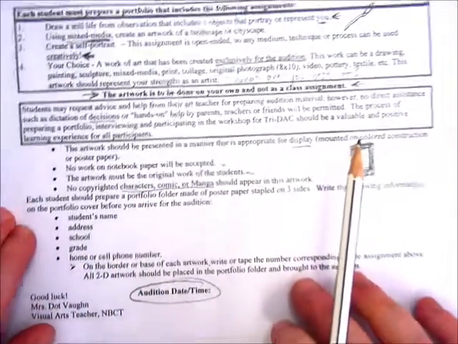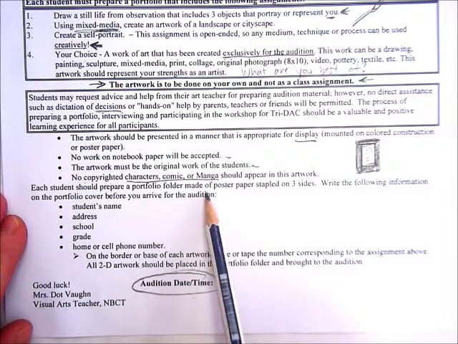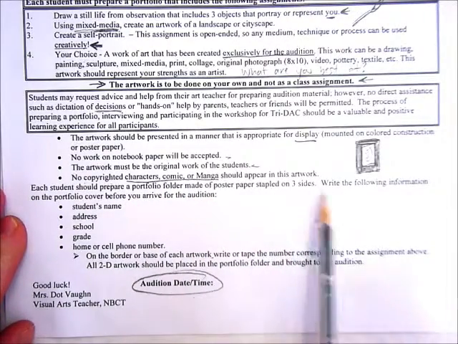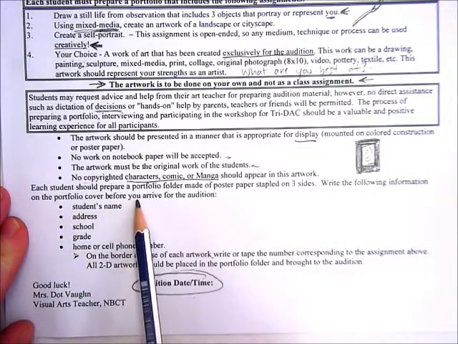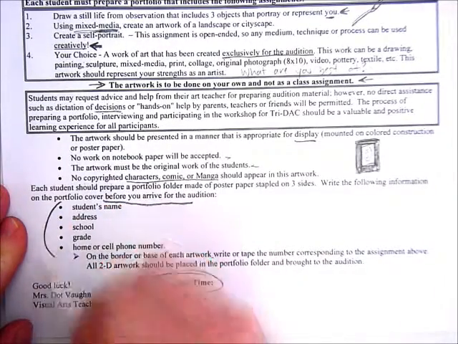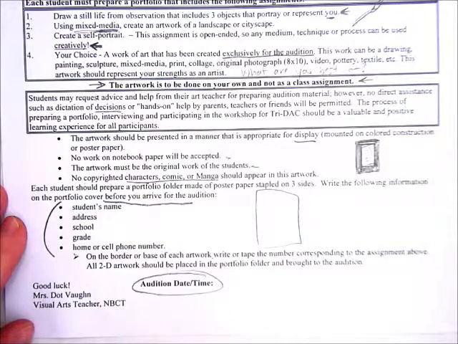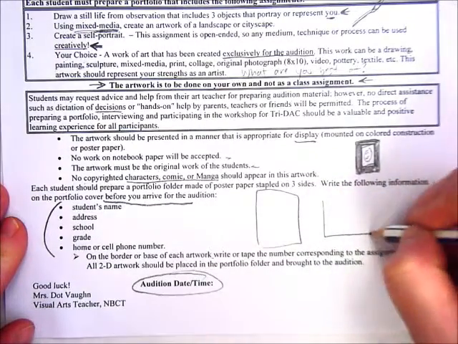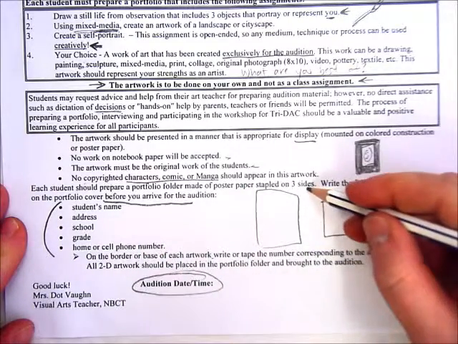And here's where it talks about your folder. Each student should prepare a portfolio folder made of poster paper stapled on 3 sides. Write the following information on the portfolio cover before you arrive at the audition. So guys, that just means you take a big poster board, the ones you can buy, I think you can even get them at the grocery store, fold it in half, okay? It's paper stapled on 3 sides.